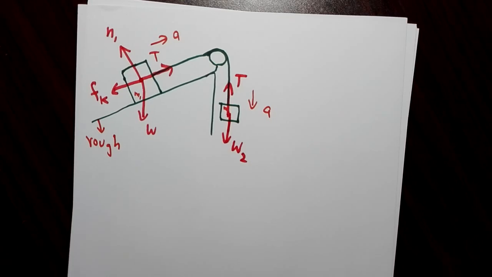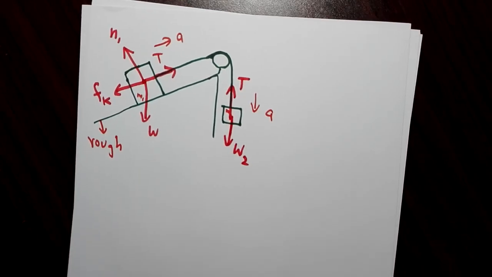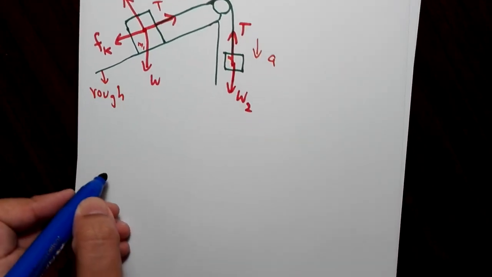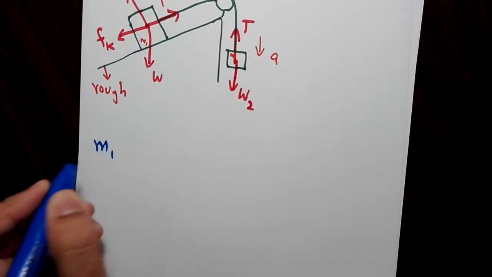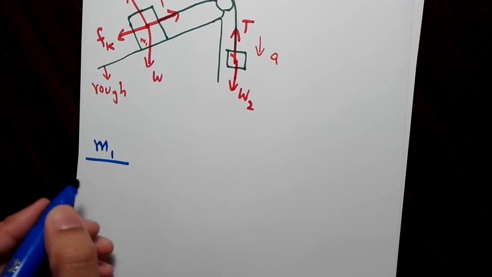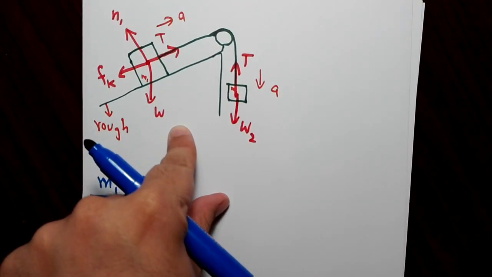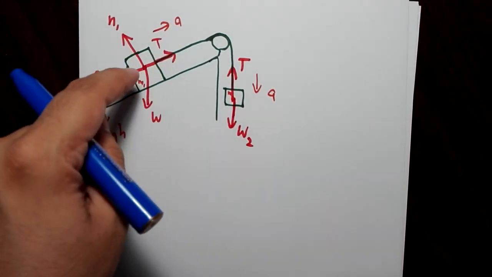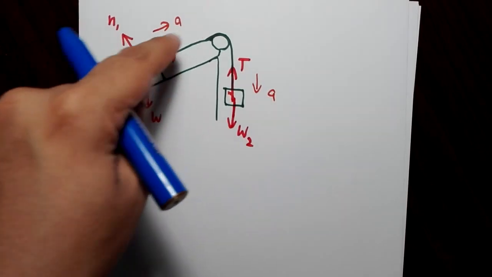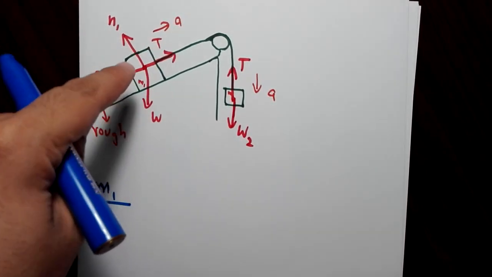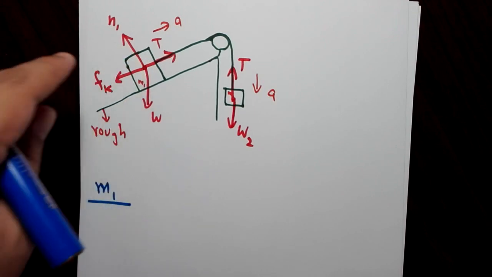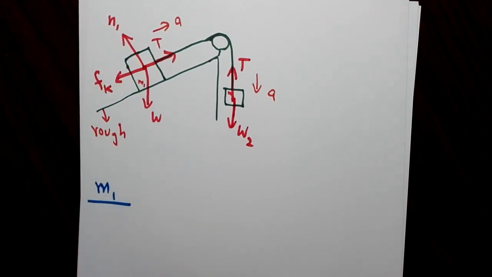Let's write Newton's second law for the two masses. Let's do M1 first. So there is acceleration. Newton's second law says that F net equals mass times acceleration. In order to write Newton's second law, we need to know the components of the weight.